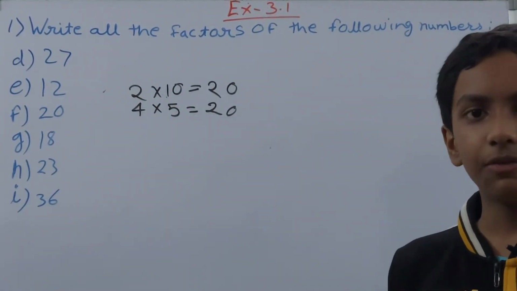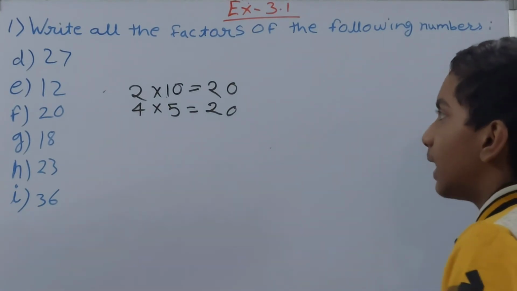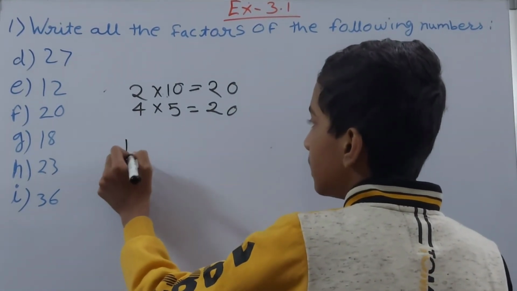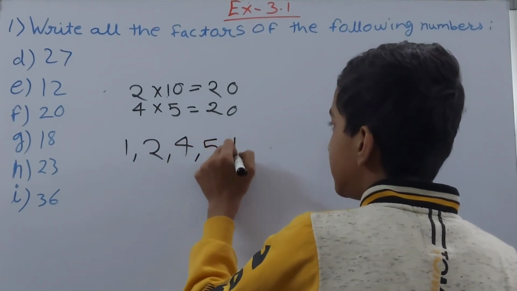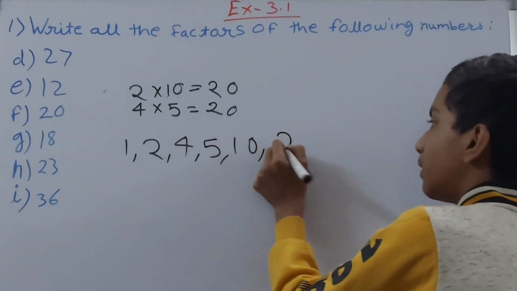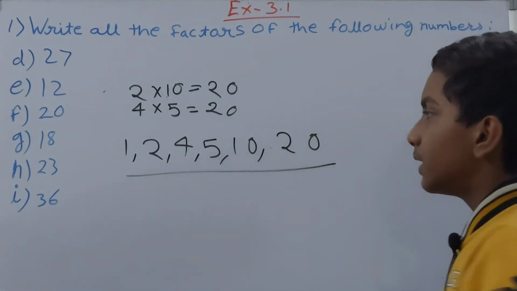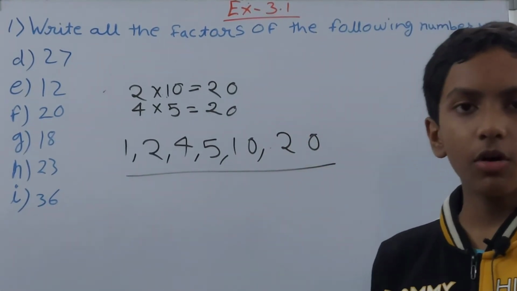So that means we have found all the factors. They are 1, 2, 4, 5 and 10, and in the last you will write the number itself, 20. So these are the numbers which are factors of 20.